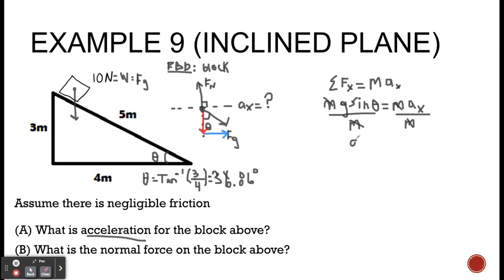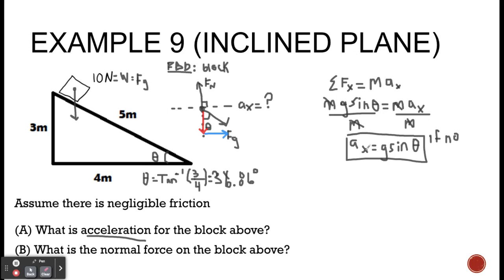So acceleration in the x direction is going to be g times the sine of theta. This is actually a shortcut equation that works every time if there's no friction. If there's no friction on an incline, you can find the acceleration of that object down the incline by multiplying 9.8 times the sine of the angle between the incline and the horizontal.